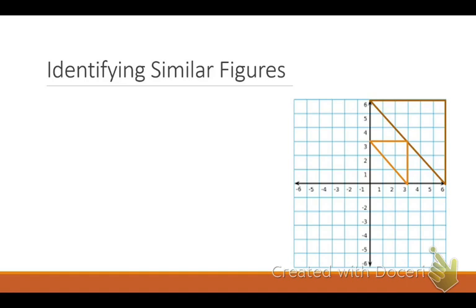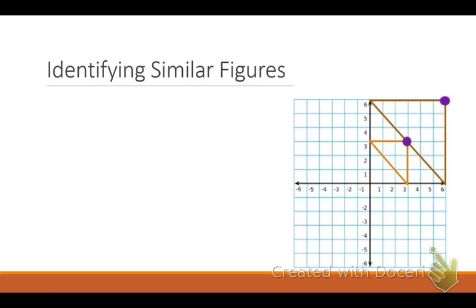Remember how yesterday we dilated figures by a scale factor? You guys remember that from yesterday? Okay, so if these figures are similar, I should be able to pull out two corresponding ordered pairs and see a pattern. All right, so let's just point out two of them. Okay, doesn't matter which one, but do you agree that these points are on the same location on the figures?